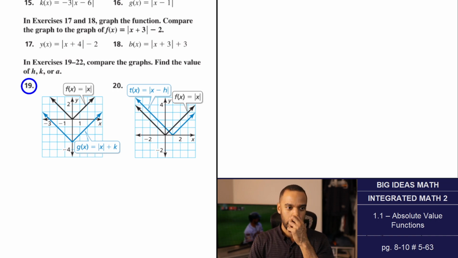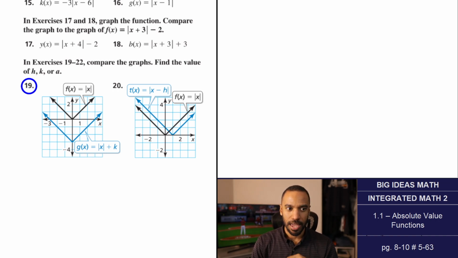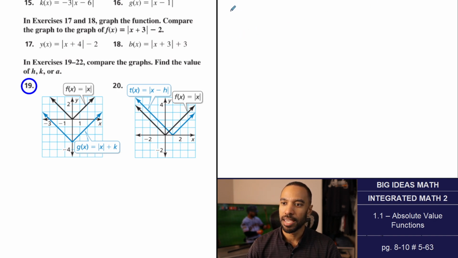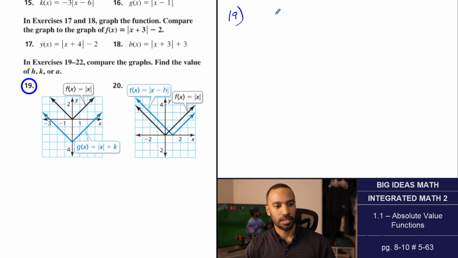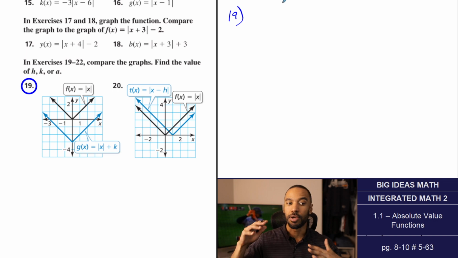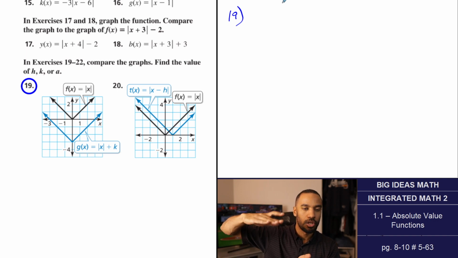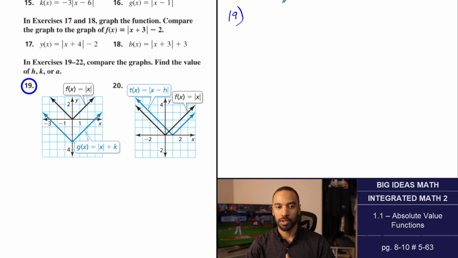Number 19, compare the graphs, find the value of h, k, or a. Now the black graph is just that parent function absolute value of x. We can mostly just ignore that. We're looking at the g of x's in this case. So number 19, g of x equals absolute value of x plus k. Now, if you compare the graphs, this g of x is translated 3 units down from the original f of x.